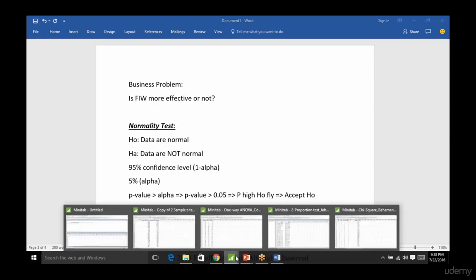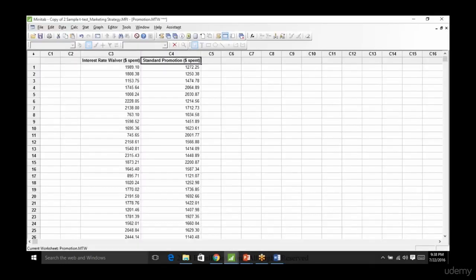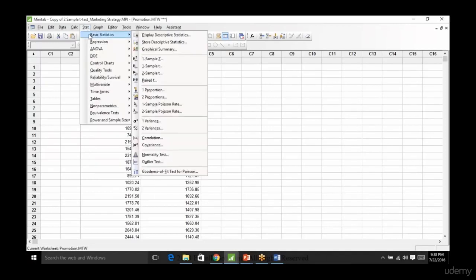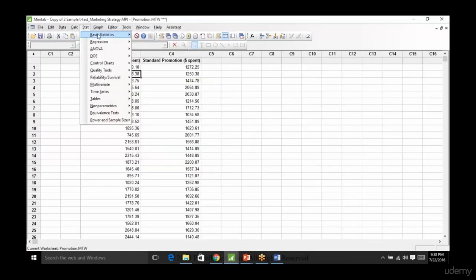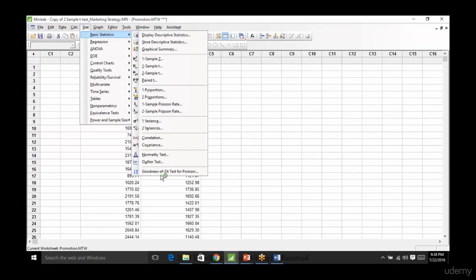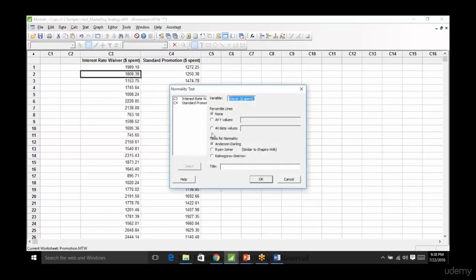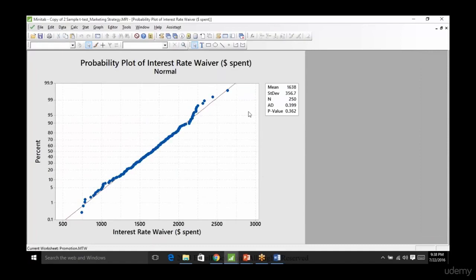So I'll go back here. I will go to Stat, Basic Statistics. Here you have normality test. I select normality test and I select full interest rate waiver. I click on OK. By looking at this normal QQ plot, it is extremely clear that data follows normal distribution because all of these data points fall along this line.